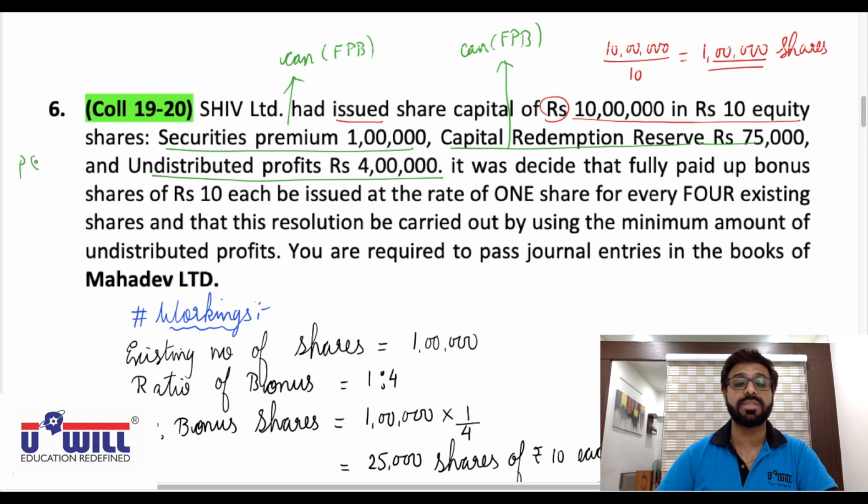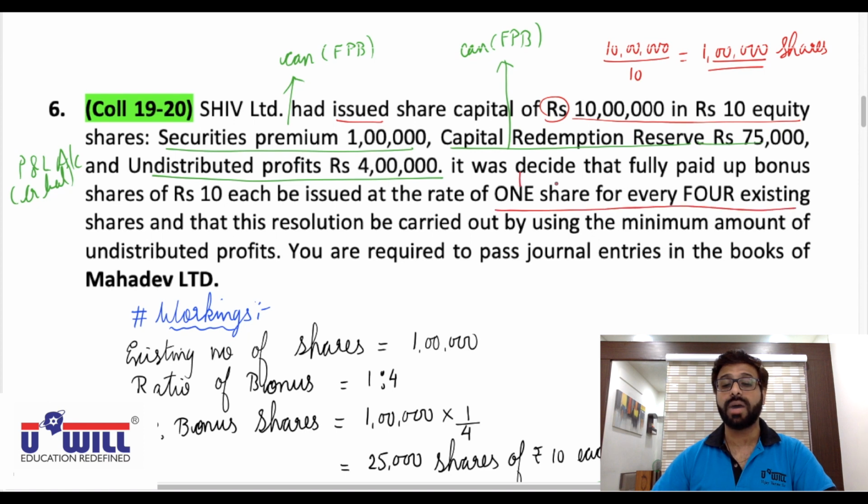And what is the meaning of undistributed profits? P&L account credit balance. It was decided that fully paid up bonus shares of rupees 10 be issued at the rate of 1 for every 4 shares held. Means what is the ratio of bonus? 1:4.